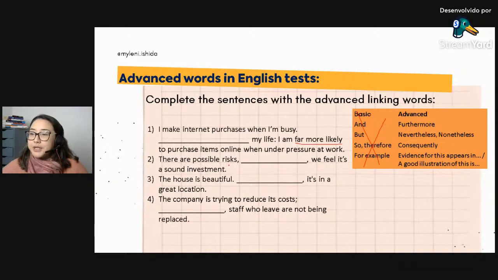Number 2: there are possible risks; we feel it's a sound investment. Here I have "risk", which is something kind of negative, right? When I say "sound" here, it's not the noun, it's the adjective. When something is sound, it means it's good, it's positive.